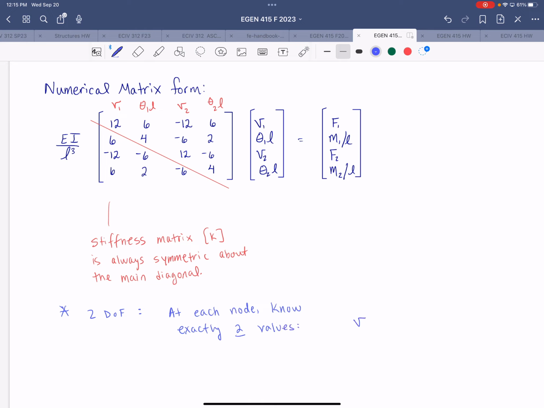And that's going to be the displacement or the force and the rotation or the moment. Any questions so far?